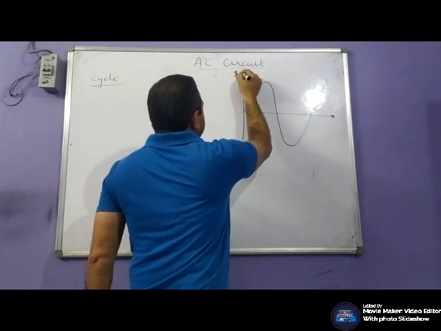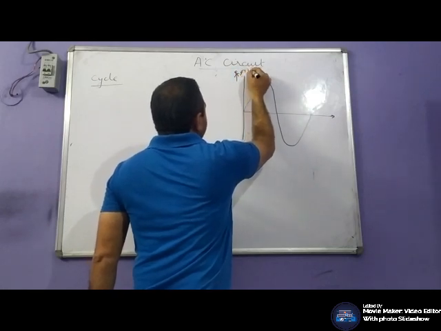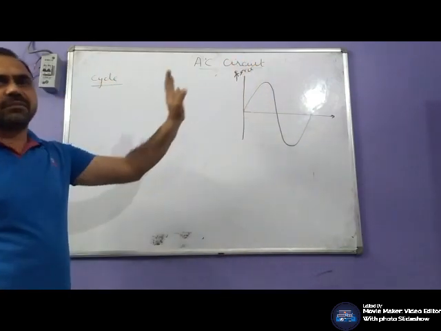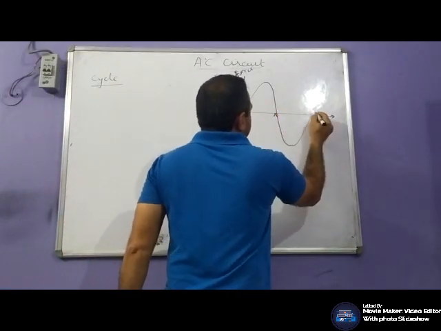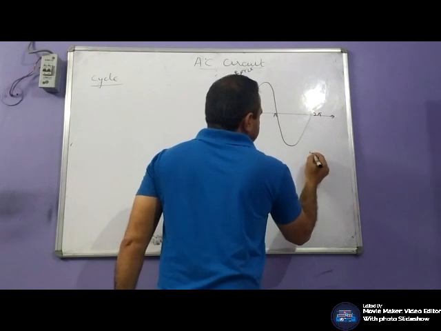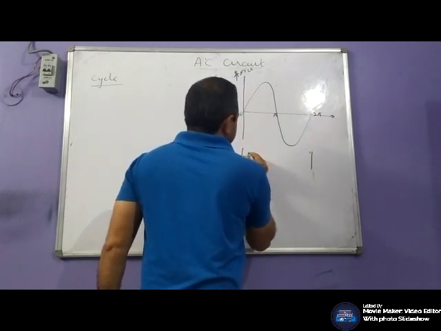It may be E or V. This E may also be represented by V. So this is one cycle.